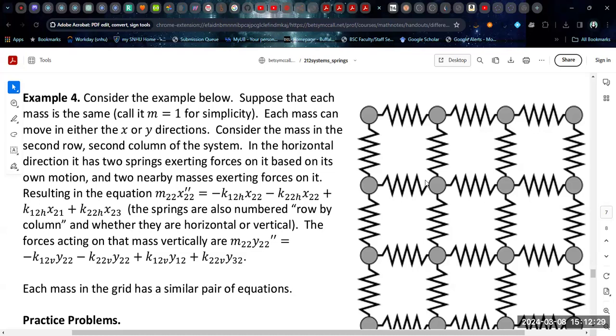And then, of course, these models can become much more complicated. But these combinations of spring models are essentially the foundation for starting these more complex interacting spring models.